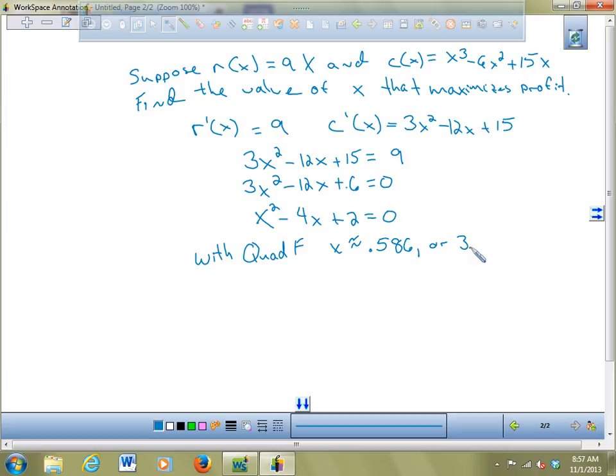Oh look, it looks like pi, doesn't it? But I think that's just coincidence.